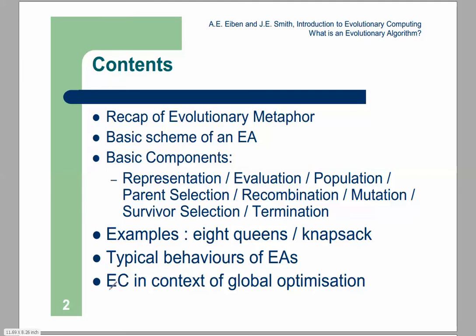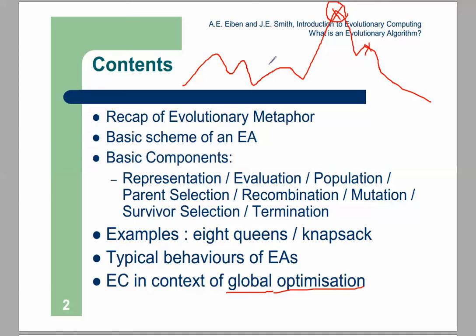EC wants to find a global solution or global optimization. For example, we want to find the maximum of a function. For example, this function has a maximum. It is named the global maximum, but it has some local maxima.